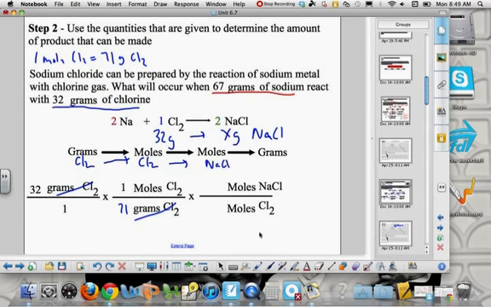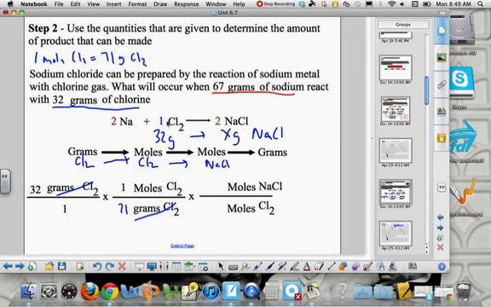So I'm going to put moles of NaCl up on the top. Now this step right here comes from the balanced equation. So this conversion here, moles of Cl2, moles of NaCl, anytime I have a mole of one substance on the top and a mole of another substance down on the bottom, I got to get the conversion factor itself from the periodic table. Excuse me, from the balanced equation.